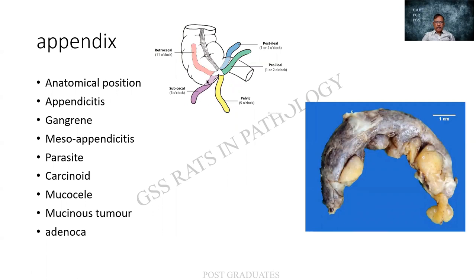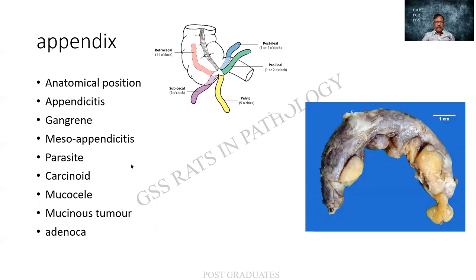Appendix. The positions of the appendix are more challenging to the surgeon than to the pathologist. Anatomical positions are given here. Kindly go through them. Appendicitis, we always give a diagnosis of acute, subacute, or chronic, just to defend our friend the surgeon. In many cases, it is not an inflammation at all. Gangrene, when there is a blackish discoloration due to limited outflow, obstruction, and stagnation, then there can be development of gangrene.